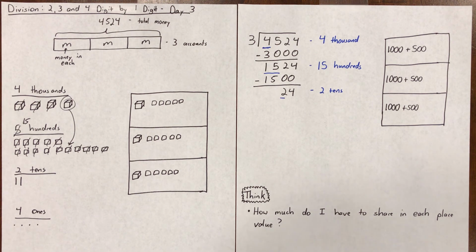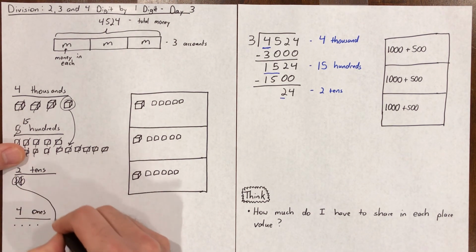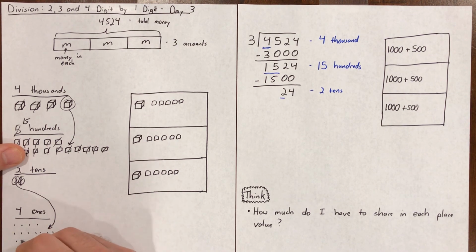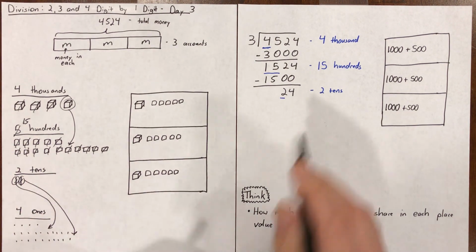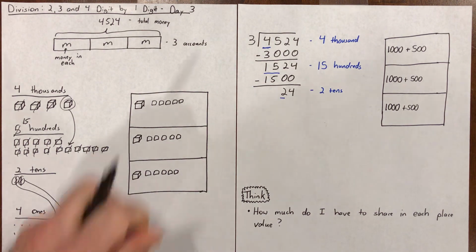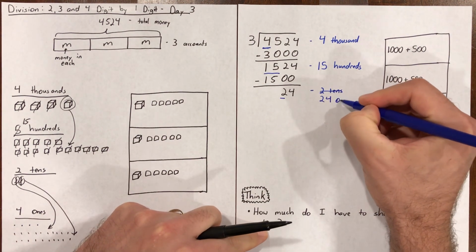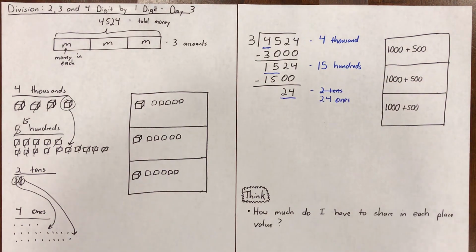Yeah, I cannot share those 2 tens equally into 3 groups, so I need to regroup the 2 tens as 24 ones. I'll do that here in my picture. And then in my abstract method, I'm just going to cross through the 2 tens and instead write 24 ones. Okay, so 3 times 8 equals 24.